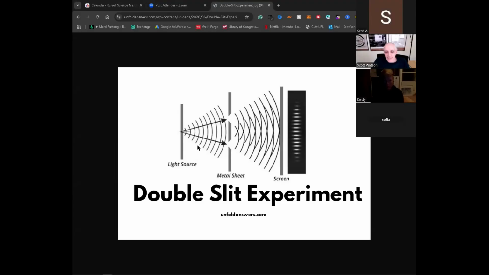And my intuition told me, well, if they're shooting one particle through, and it's showing up as a wave, there must be something flowing through here. And so in Walter's concept, this light source, whatever it is, when they turn it on to send one particle through, it would be a radiative effect.